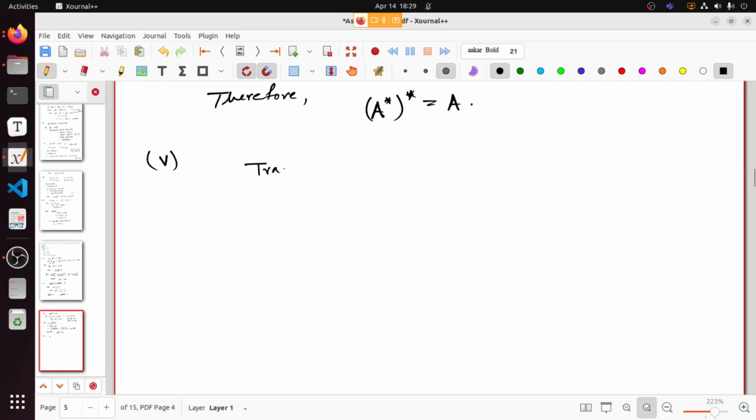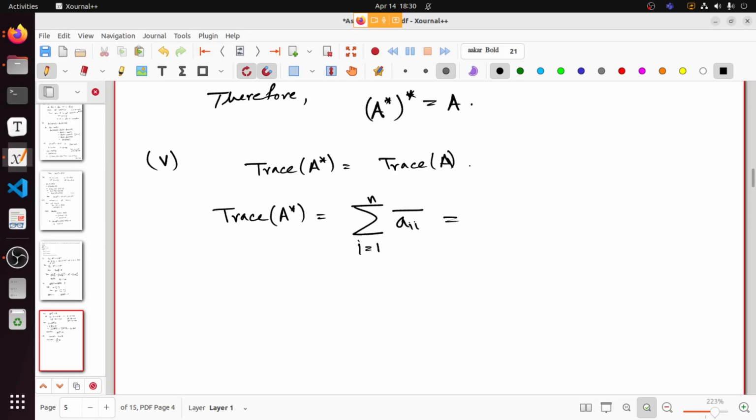So let's first prove the fifth one, then the fourth one will follow automatically. So trace of A star is the trace of A bar. What is trace of A star? So this is basically the sum of the diagonal entries, right? The A i i star, or basically this is the conjugate bar, right? I equals 1 to n. Let's say A is a matrix of dimension n.